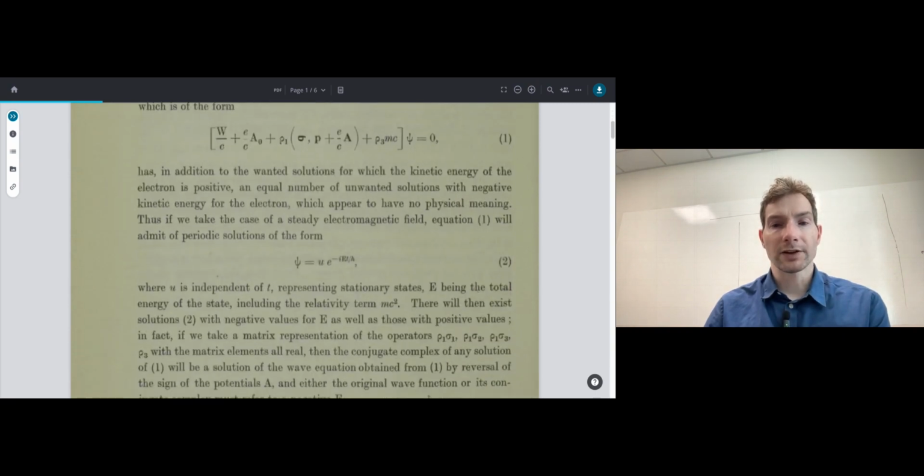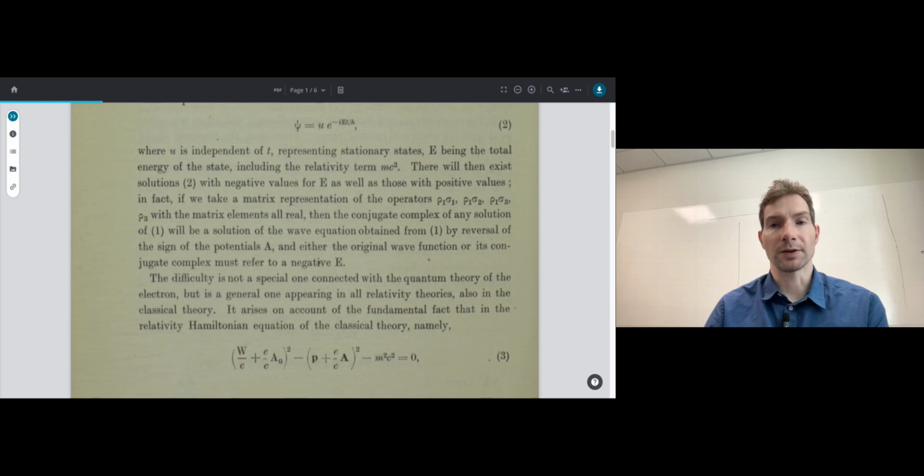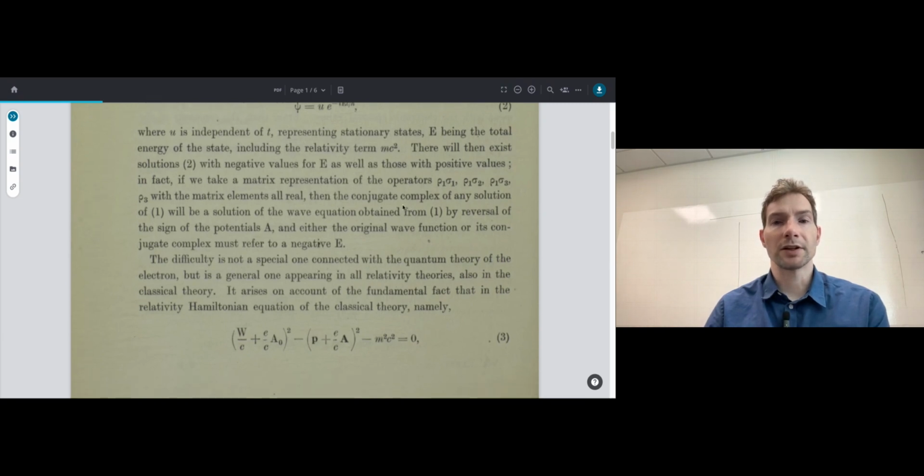So what Dirac notices is the following. By reversal of the sign of the potential A and the radial wave, we can basically have a negative energy E. That's the idea. If we play around with the signs, the equation should somehow be unchanged, but we would change the sign of the energy.